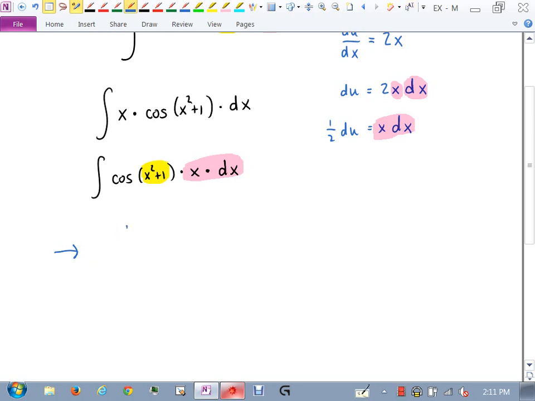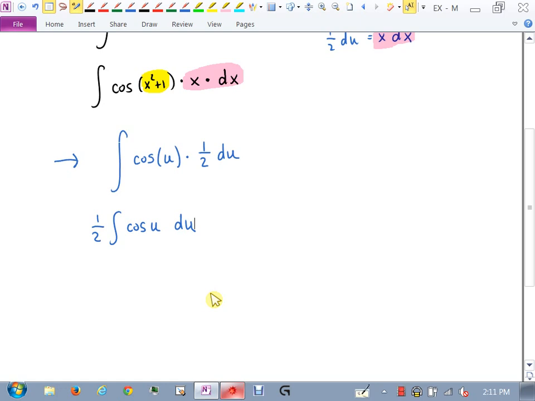So my new integral becomes cosine u times what's x dx? 1/2 du. Now everything's in terms of u, right? So I pull the 1/2 out to the front, cosine u du. I don't need the parentheses around the u.